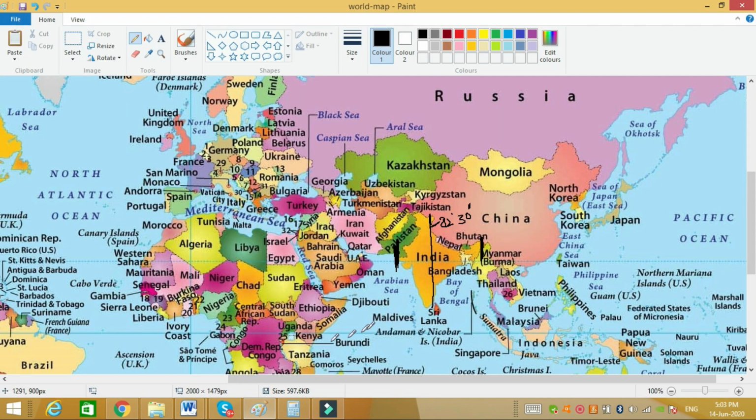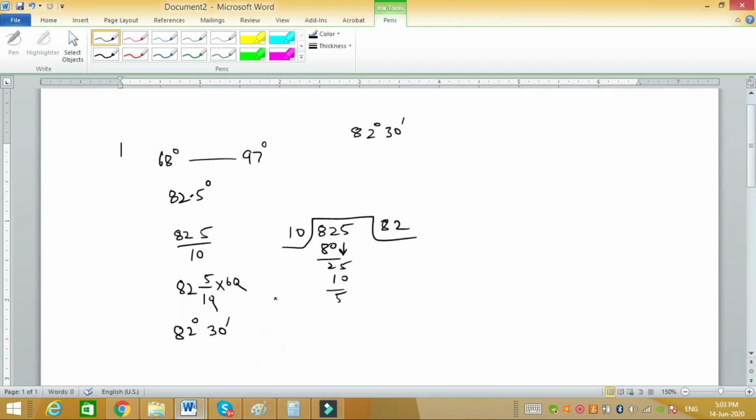Hope you understand this, but many people have confusion here, because the actual longitudes of India are 68 degrees 7 minutes and a few seconds, and the next extreme end is 97 degrees 25 minutes and a few seconds. But for the sake of calculation, I am taking 68 degrees and 97 degrees.